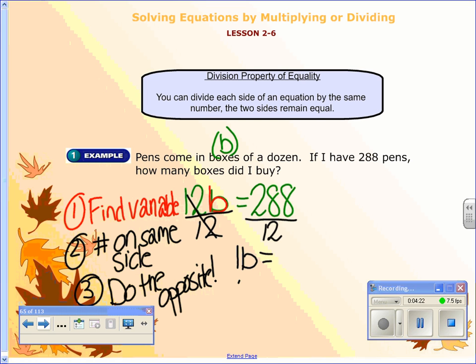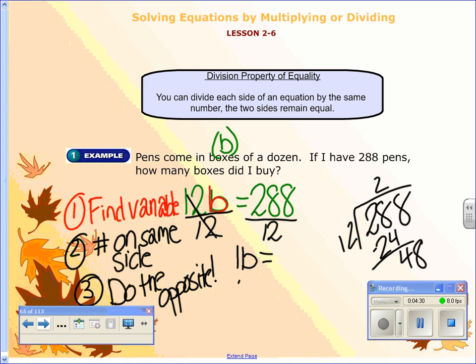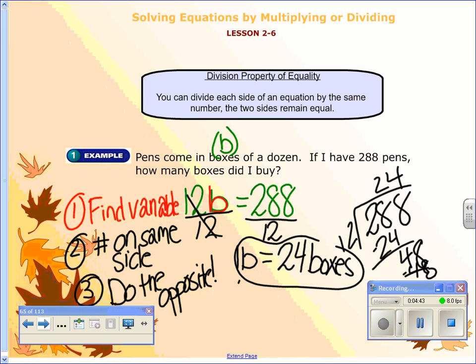So 288 divided by 12: it goes in twice, and then I'm left with 48, and that is 4. We bought 24 boxes. So B, or 1B, is equal to 24. That's how we're going to do these ones.